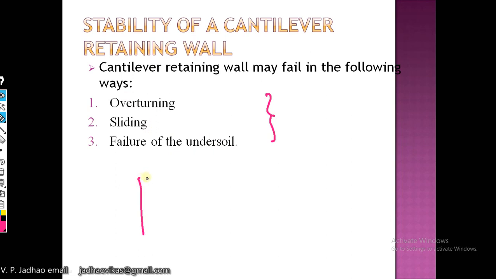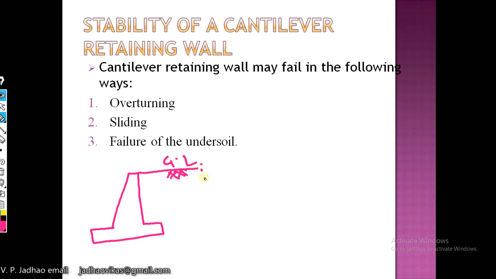Let us consider this is your retaining wall, subjected to some soil mass, and let us consider this is your ground level. There will be some pressure developed from this soil mass, and intensity is Ka gamma H at the base. At the top it will be 0.